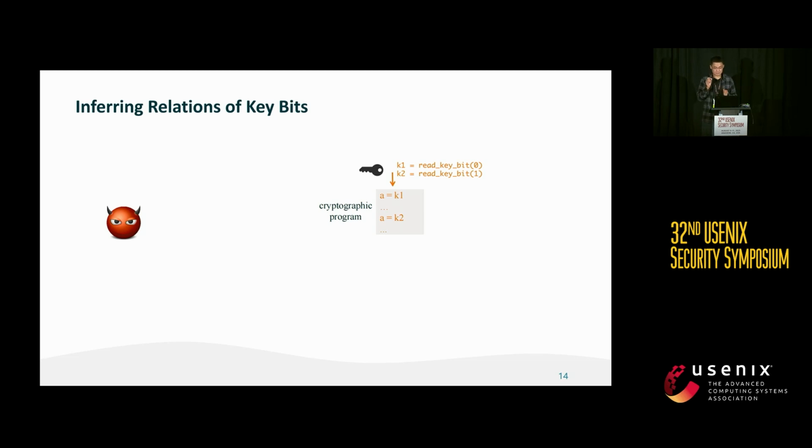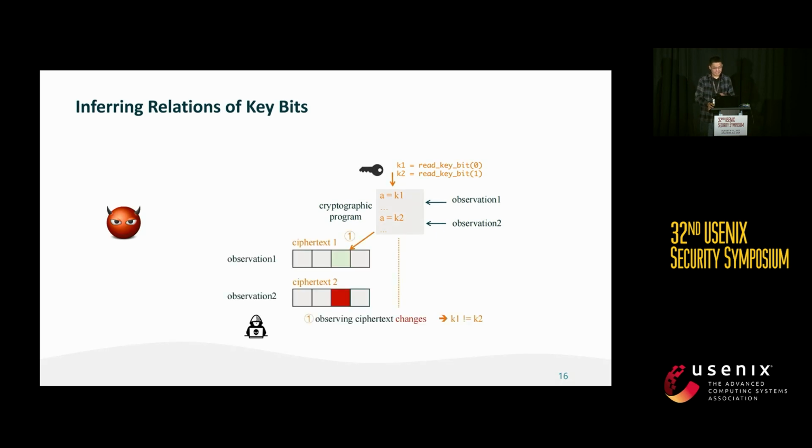Key 2 is the second bit of the same key. Now, the attacker can make 2 observations after each memory write. If the attacker observes that the ciphertext changes, he can infer that key 1 is not equal to key 2. Otherwise, he can infer that key 1 is equal to key 2.